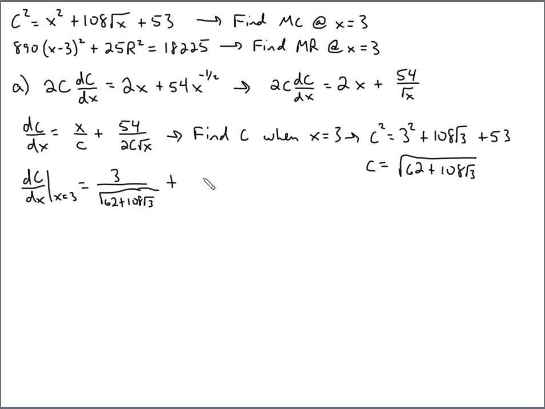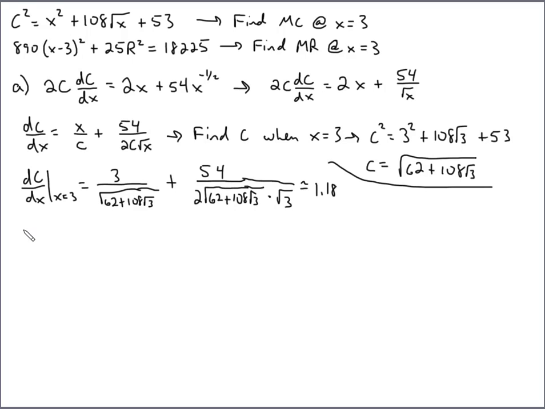Plus 54 over 2c, that's the same radical that we had here, 62 plus 108 root 3, so that's the c right here, and then we also have a root x there, so that's going to be multiplied times root 3. So if we put all this into the calculator, we get approximately 1.18. Okay, so there's the marginal cost.